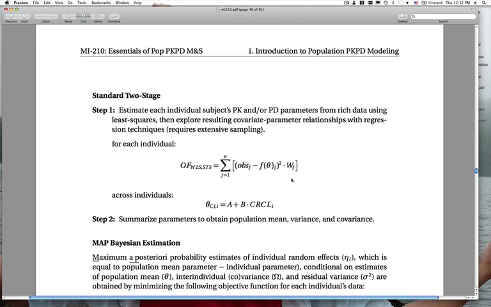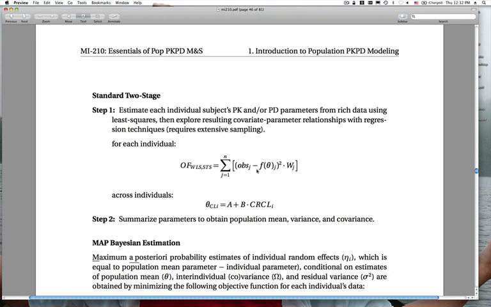And so the reason this is called the two-stage approach is that first, the individual data profiles are analyzed and parameter estimates are obtained for each subject. Notice that this objective function is for a single individual across all data points within that one individual. That's repeated for each subject, and so now you have a complete set of parameters for each individual.